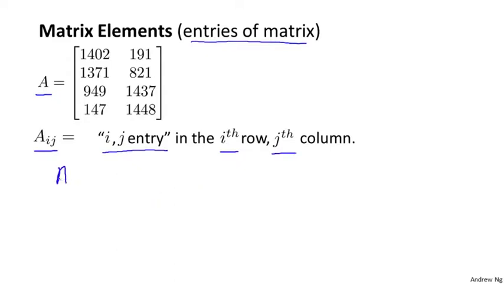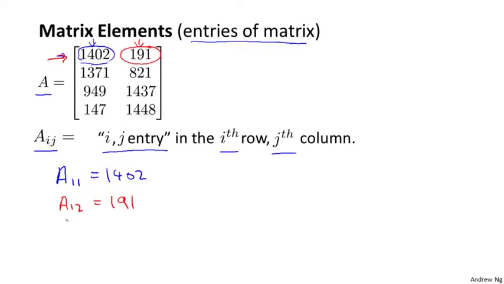So for example, A11 refers to the entry in the first row and the first column. So A11 is equal to 1402. Another example, A12 refers to the entry in the first row and the second column. And so A12 is equal to 191.